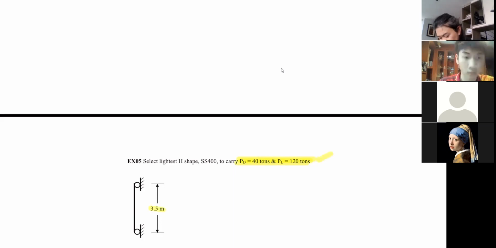You have the load from the analysis. But you don't have the member because you have to design it now. Okay. So the fun thing begins here, because if you look at the formula, P nominal is F critical multiplied by AG.